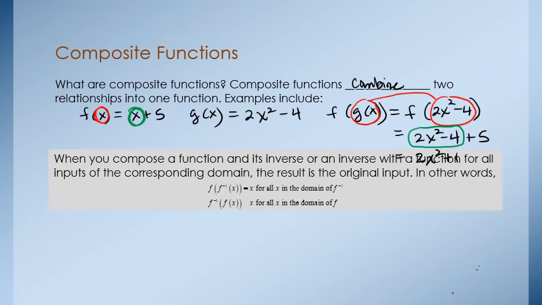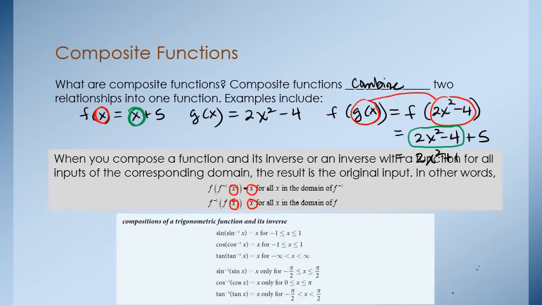In other words, if you have f of f inverse of x, then you're going to output x. Whatever is your input becomes your output. And if you reverse that, if you take f inverse of f of x, you will also equal x. That is a characteristic of a function and its inverse.